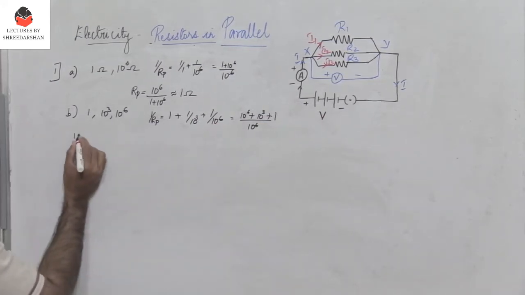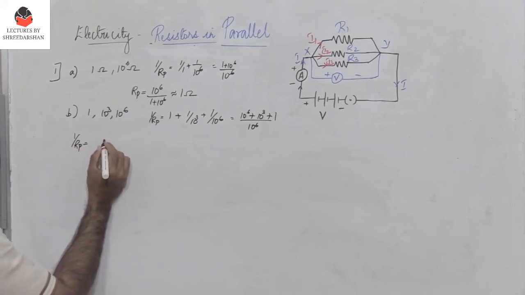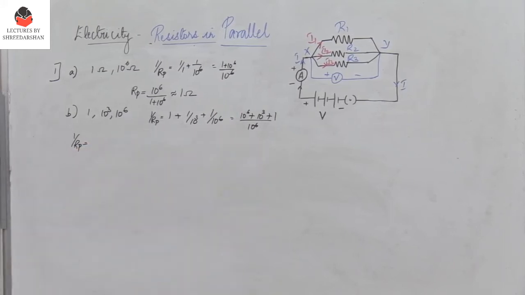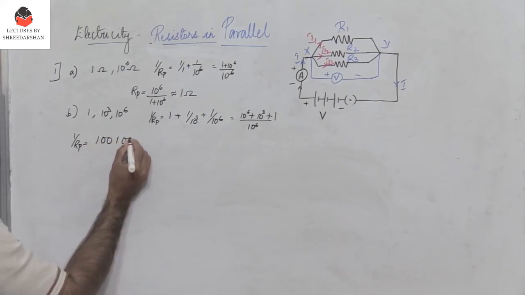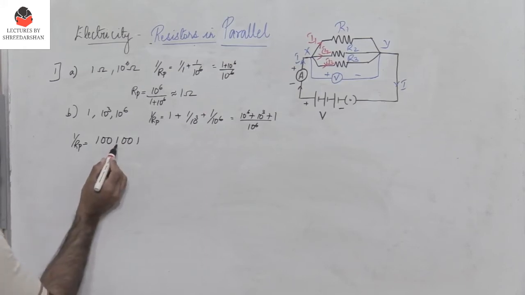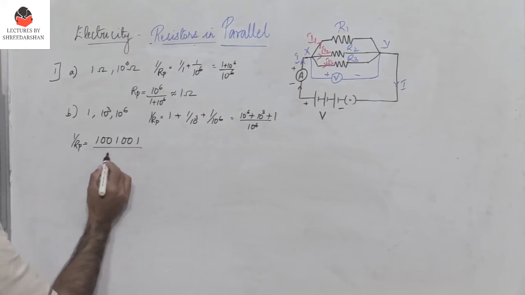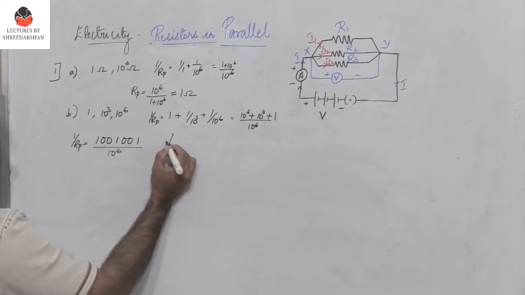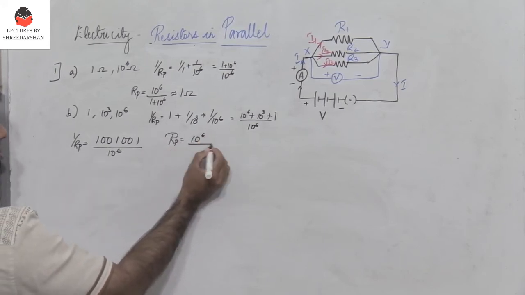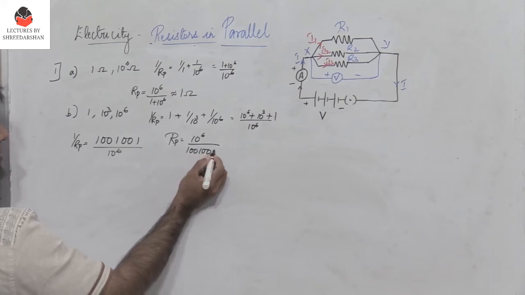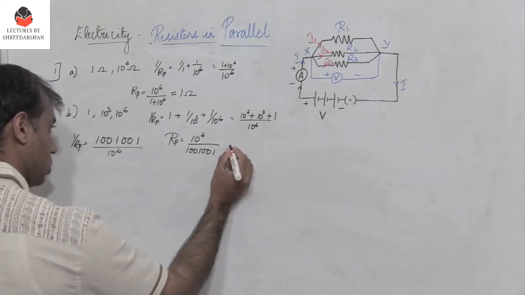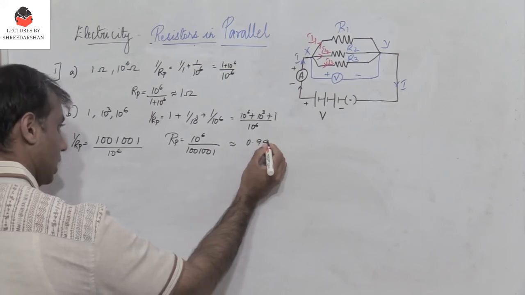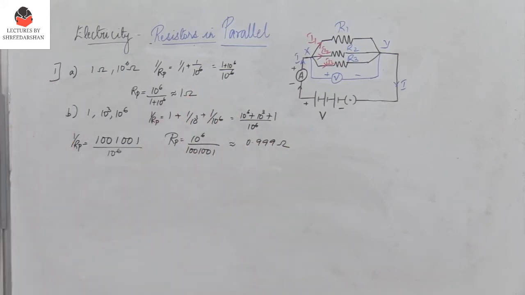So 1 by Rp is 10 power 6 plus 10 power 3 plus 1, so I have 1001001, divided by 10 power 6. So Rp is 10 power 6 divided by 1001001. So I'll get a value which is approximately equal to 0.999 ohm, or approximately 1 ohm.